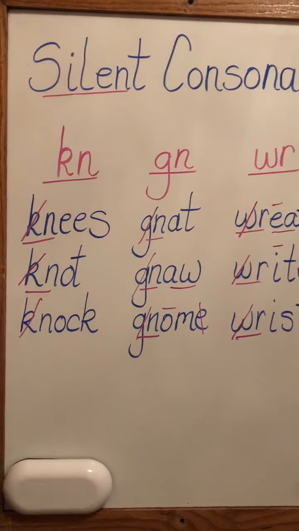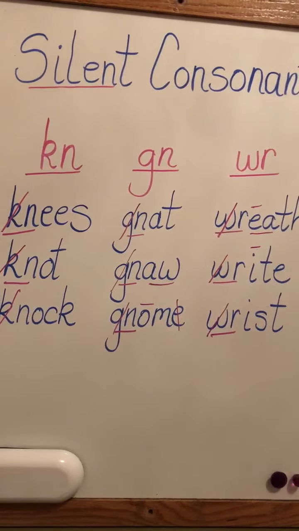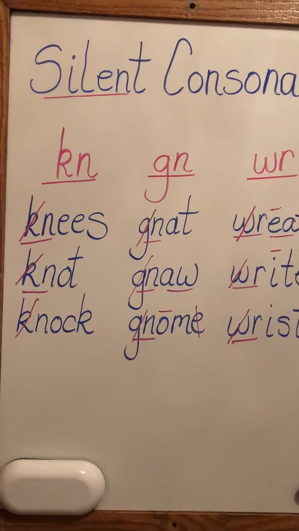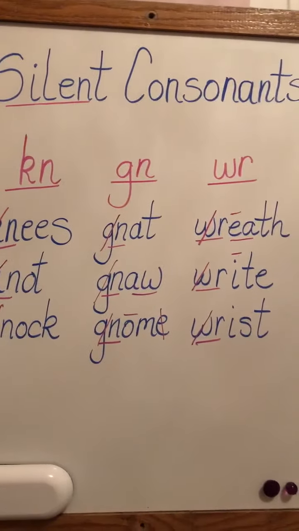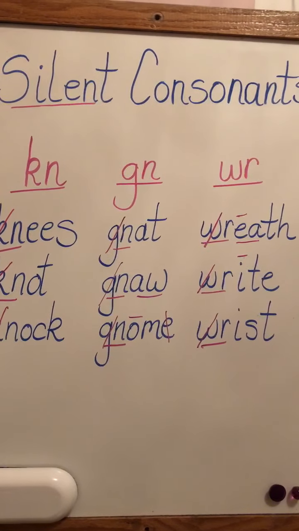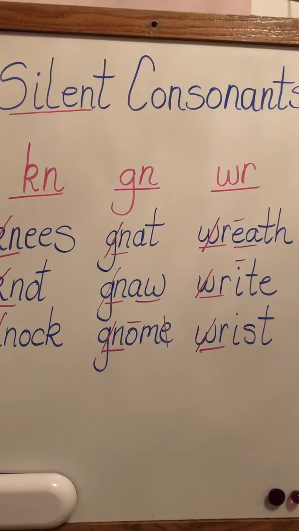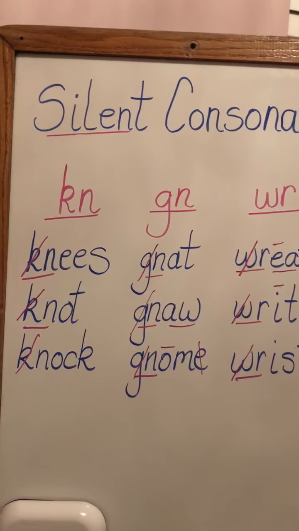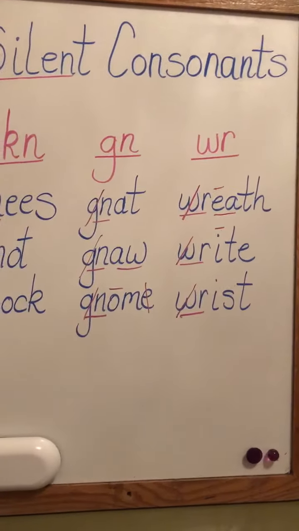All right, before we go, I do want to read through page 109. Okay, so please pull out page 109 if you haven't already. And we are going to read those words together. Okay, and that page looks like this.